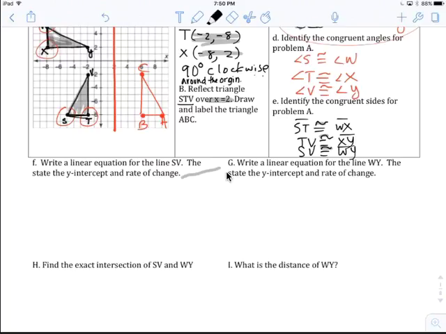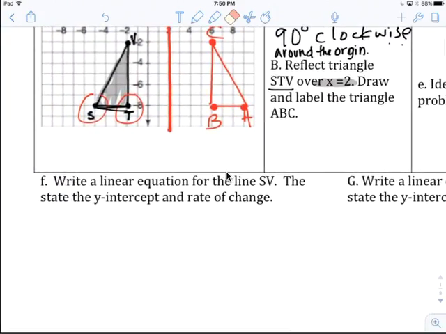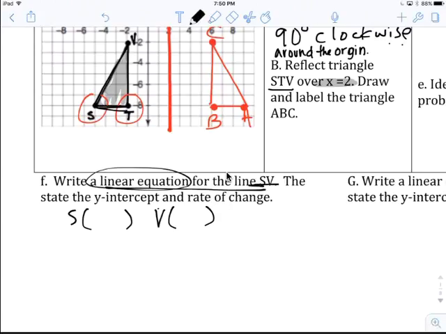Okay, write an equation of a line for SV. Write the equation of a line for SV. Okay, that line. S, and then V. We want a linear equation in slope-intercept form because they want the y-intercept and the rate of change. Okay?